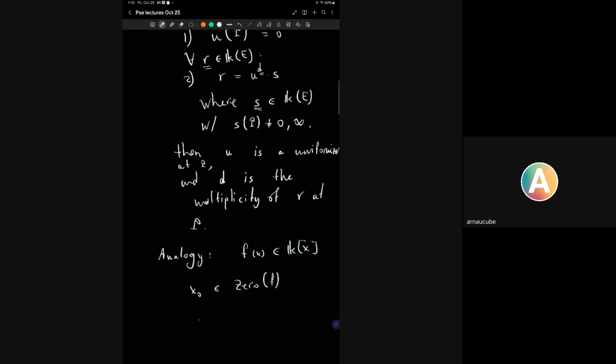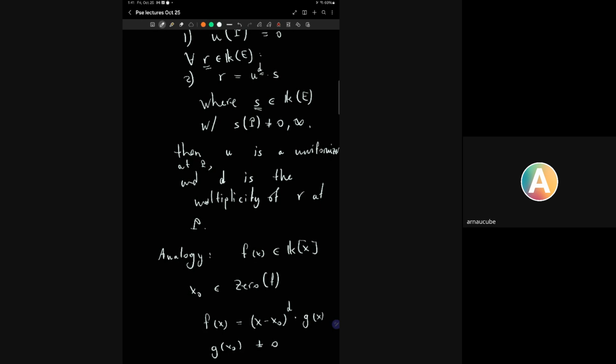I say I can write f as (x minus x0) to the d times g(x), where g(x0) is non-zero.